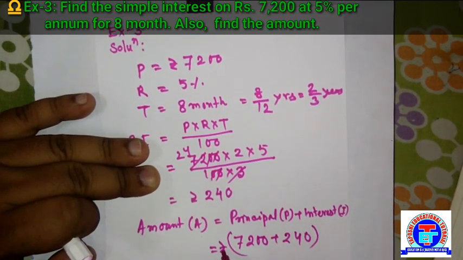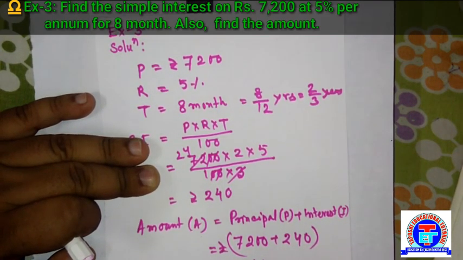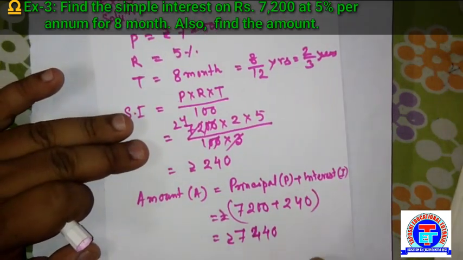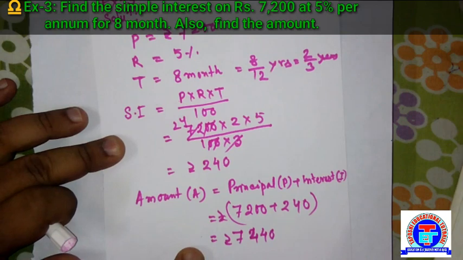So amount will come 7,440. So simple interest here is 240 and amount rupees 7,440, correct? So this is the answer that we got from this problem.